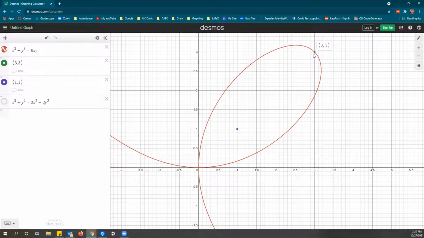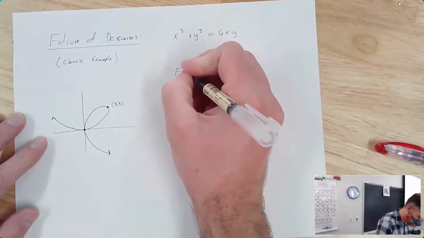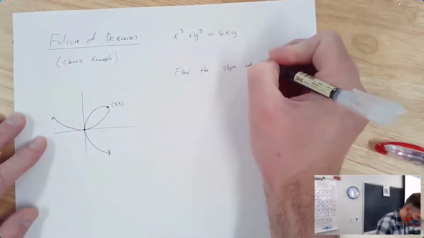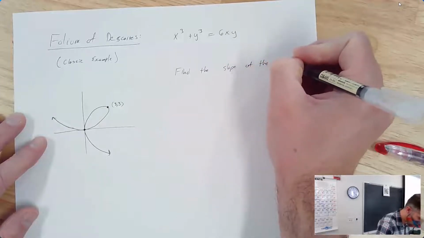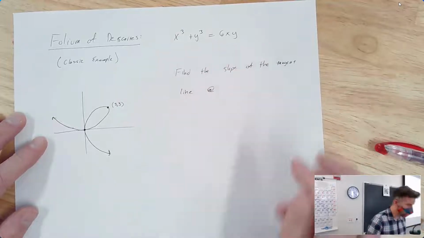So here's what I would ask for this first one. We could totally find the tangent line at lots of places. We could find the slope of the tangent line at, well, here's where you have a choice.